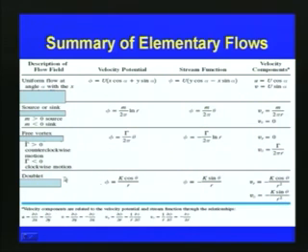Then we can define various other parameters u, v in the x, y direction and V theta, Vr with respect to the basic definitions which we have already seen earlier. So now we have seen 4 different types of elementary flows: uniform flow, source or sink, free vortex, and doublet.